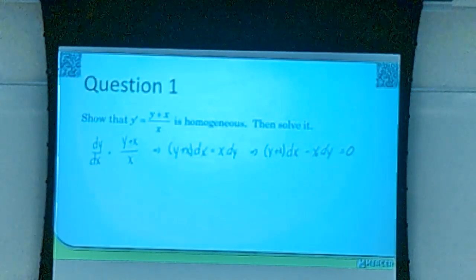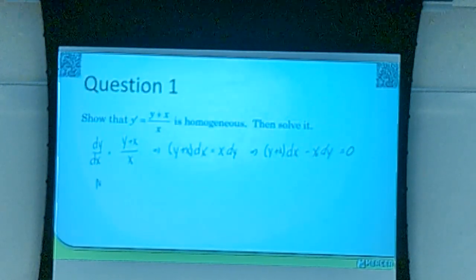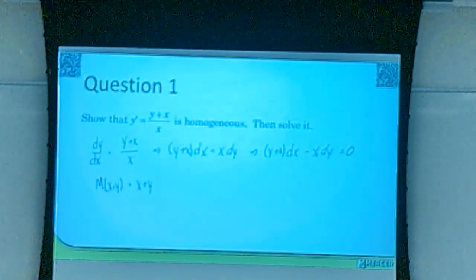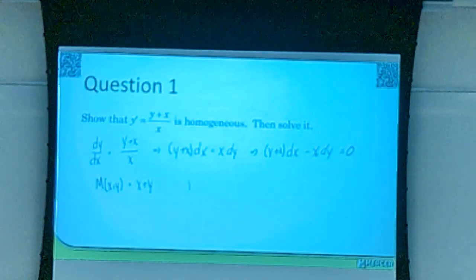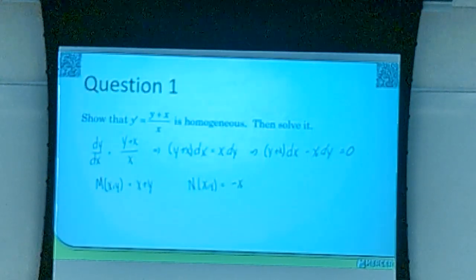So we can get in this form. Again, in this case, I will always write it out. I'm going to identify capital M, I'll write it as x plus y, and the capital N. I'm going to show that they are both homogeneous of the same degree.